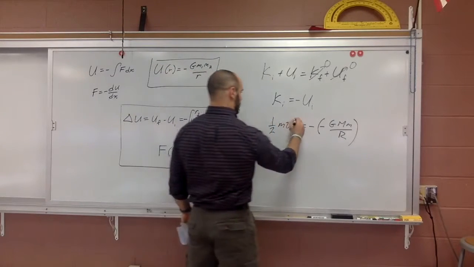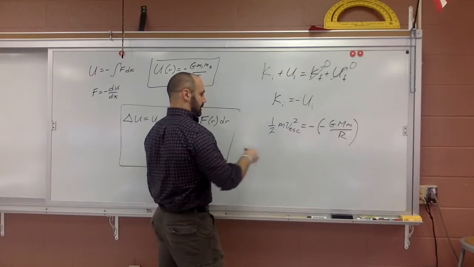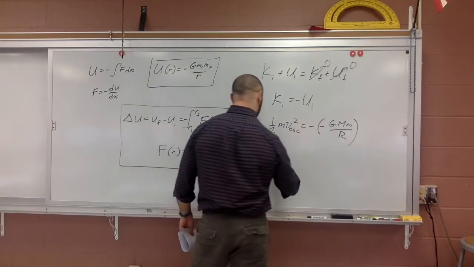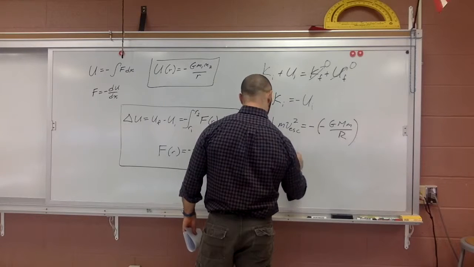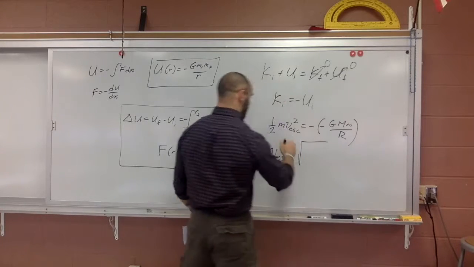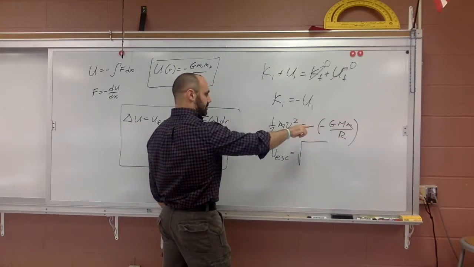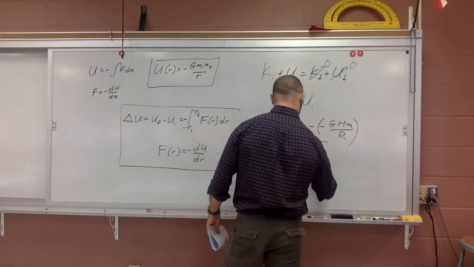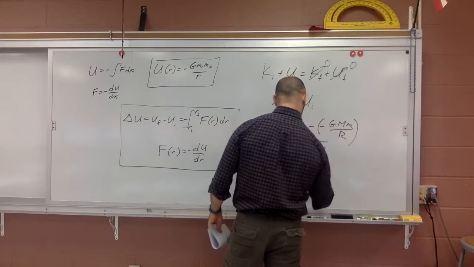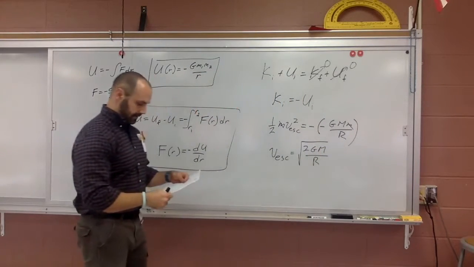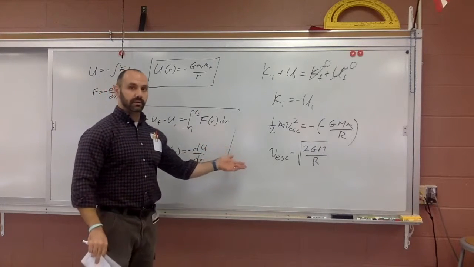This is m v squared, of course. And so now I bring m over and multiply by 2. And so I get that v escape is the square root of, this m cancels out with this one, and so this simply becomes 2GM over r, where M is the mass of the Earth, r is the radius of the Earth, and that's the escape speed formula.